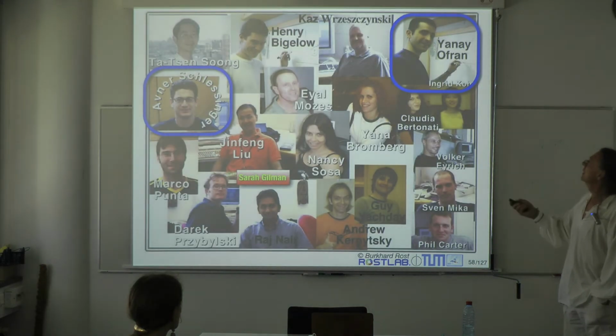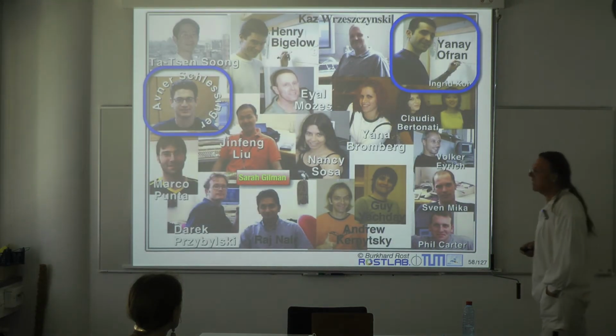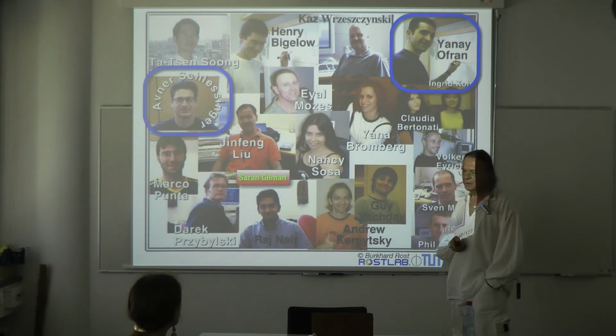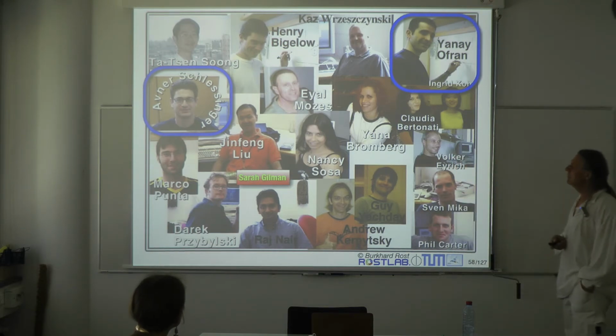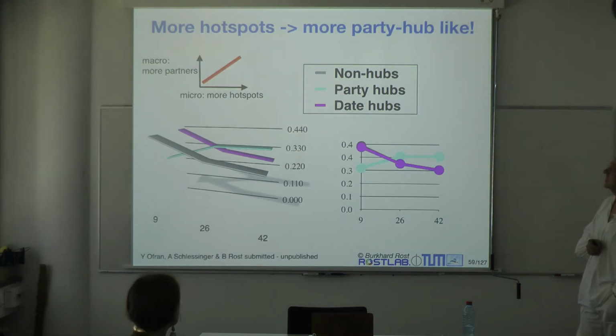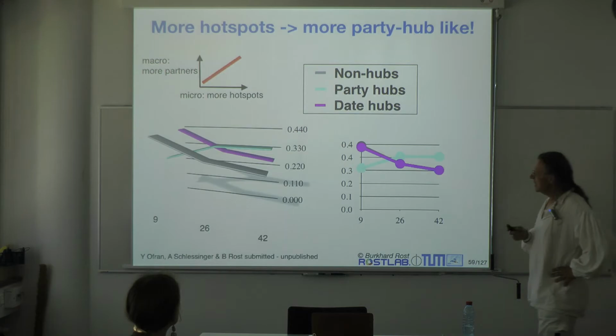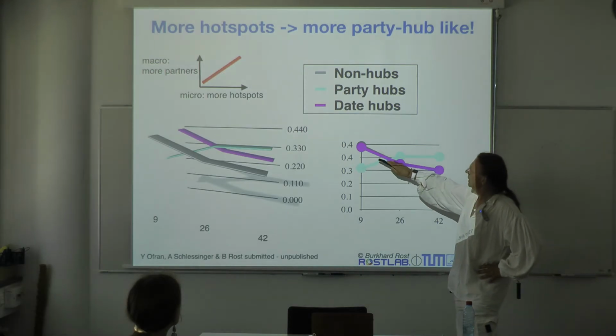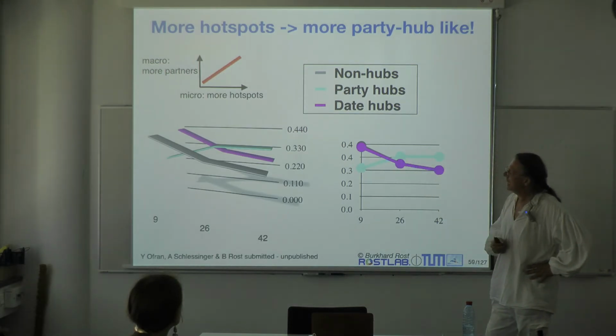And that is actually work that began with Janai Ofran and Avner Schlesinger, and Janai followed up experimentally for many years on this and nailed the story. So what I'm showing here is just the preliminary results that remain unpublished. Janai has now published this as an experimental setup.